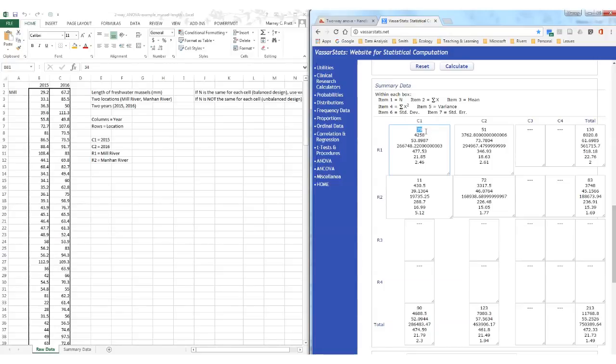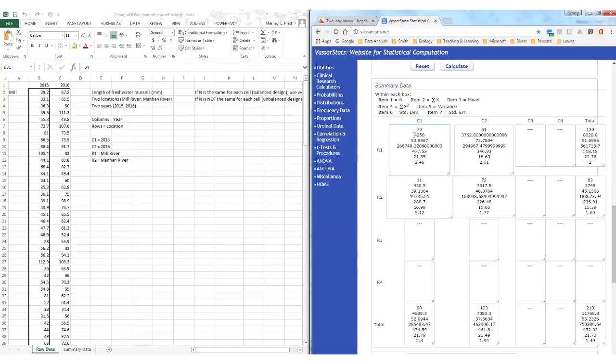There were 79 muscles measured for the Mill River in 2015. In 2016, there were 51 muscles measured, and 11 for the Manhan River in 2015, and 72 for the Manhan River in 2016.